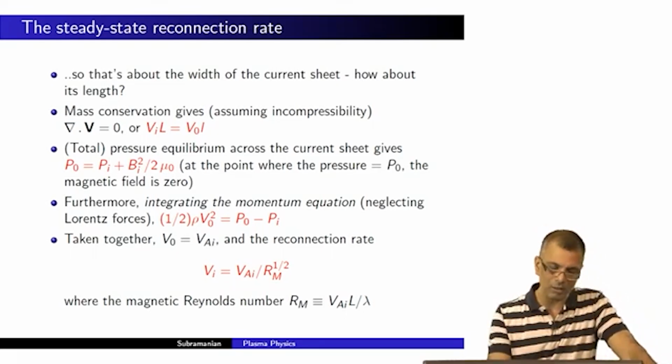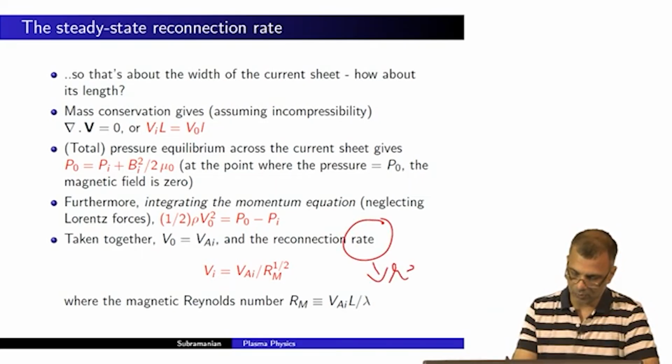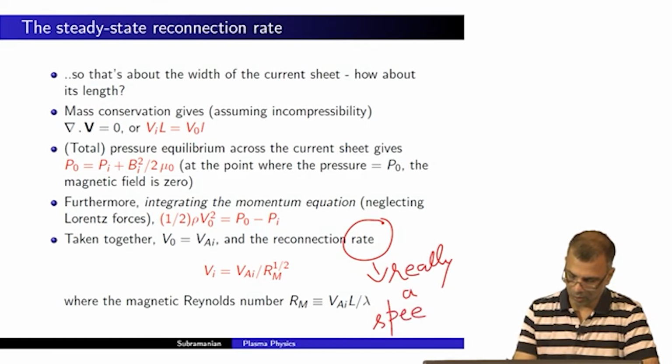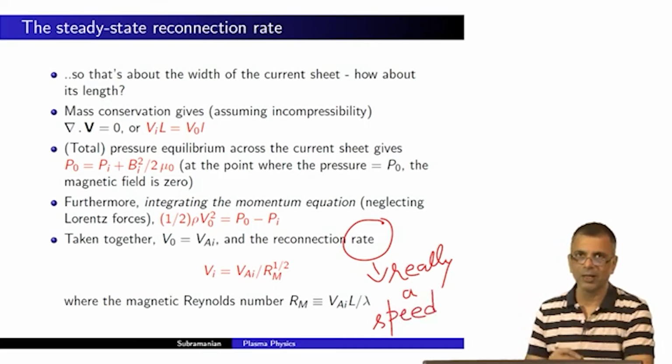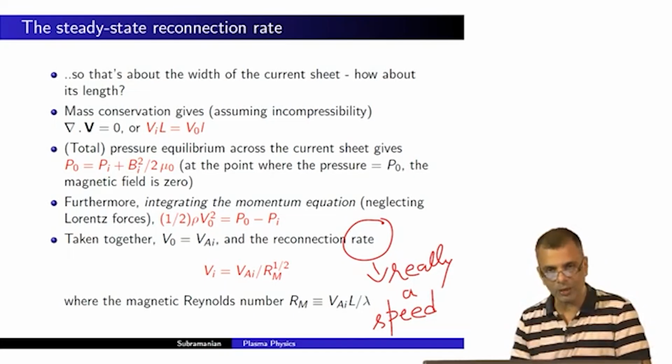Taken together, this is what we come up with, and this is the all important reconnection rate. It's really a speed. Okay. So this is what's called the reconnection rate. It's a self-limiting process really.